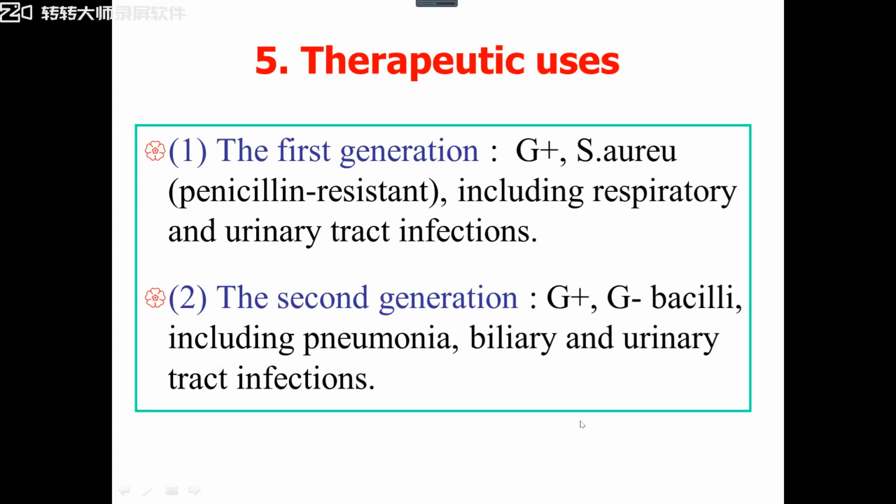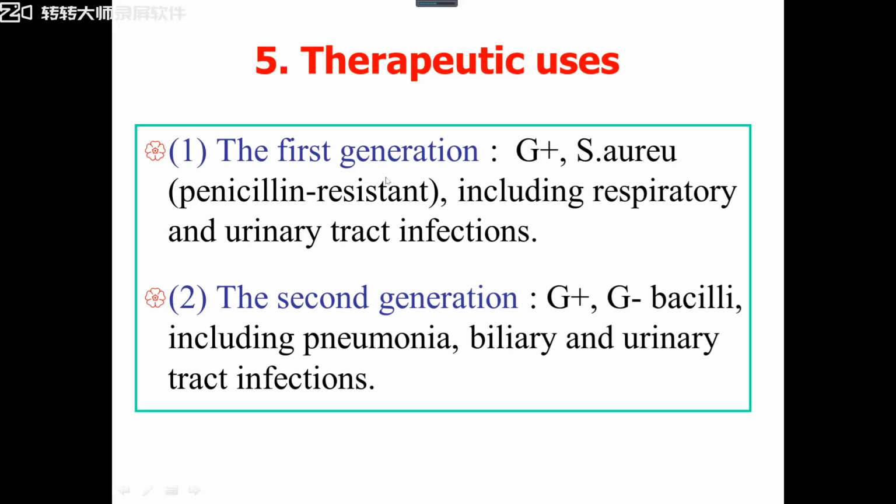Clinical use. The first generation cephalosporins mainly kill gram-positive bacteria, even including penicillin-resistant Staphylococcus aureus. So clinical use is very easy.